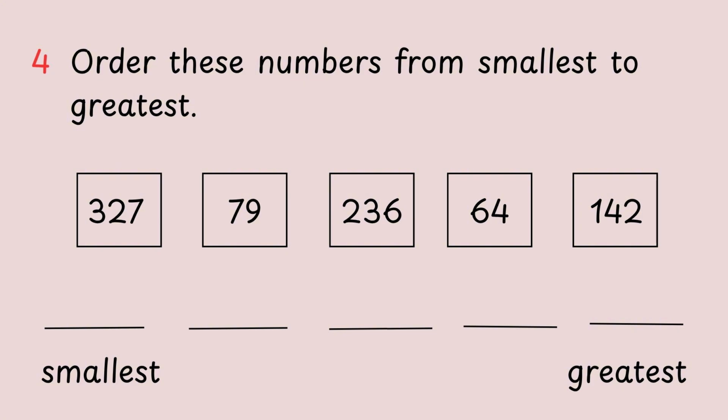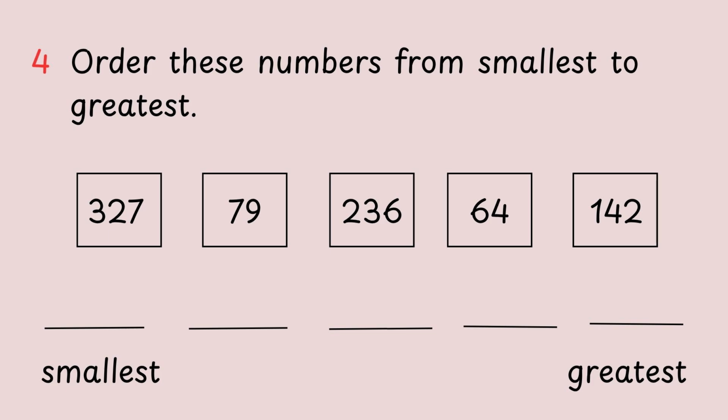So let's write 64 in our very first blank. And right next to it is our 2-digit number 79. And now we are left with the 3-digit numbers 327, 236, and 142. So to order these, let's look at the hundreds place first. 3, 2, and 1. We have 300s, 200s, and 100s. So let's find which one is the smallest.